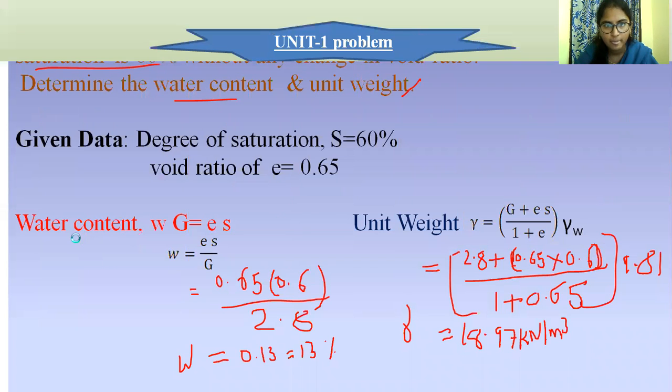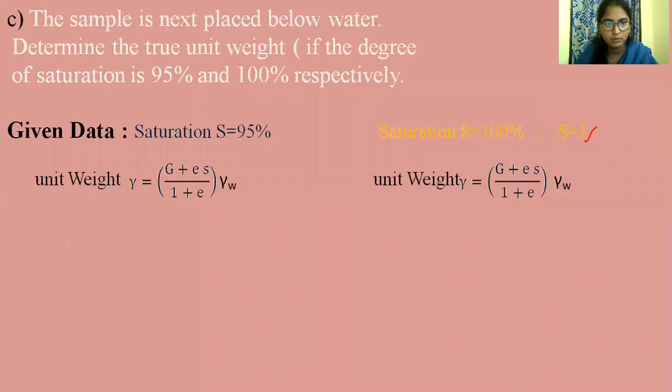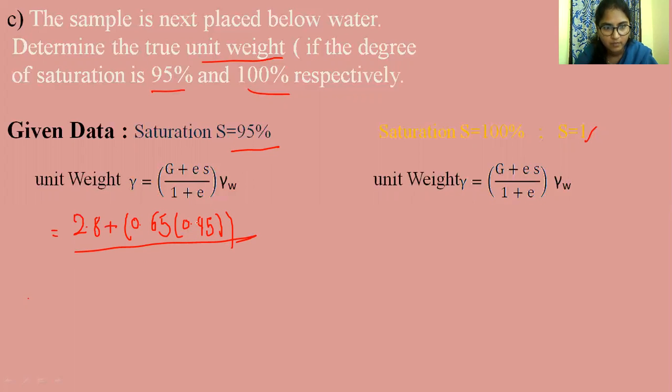G is equal to 2.8 plus e is equal to 0.65 into saturation condition 95%, so 0.95, by 1 plus void ratio e is equal to 0.65, into unit weight of water 9.81.